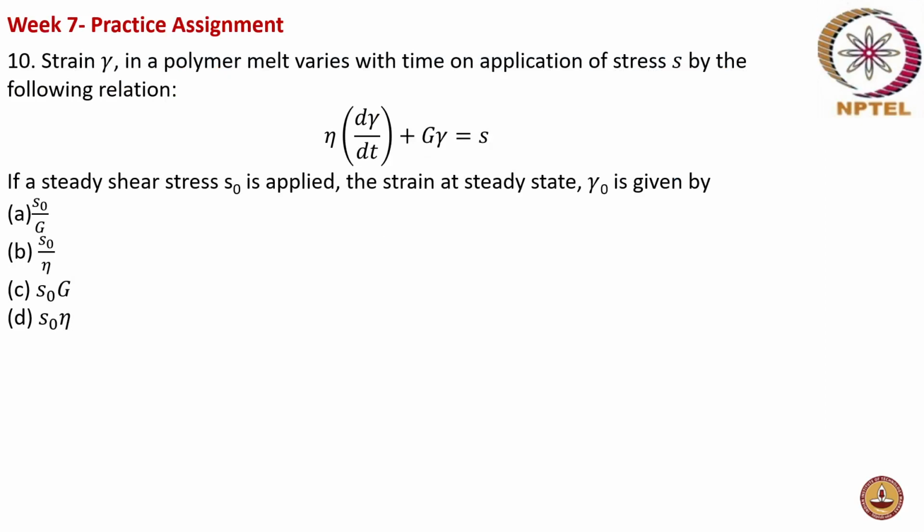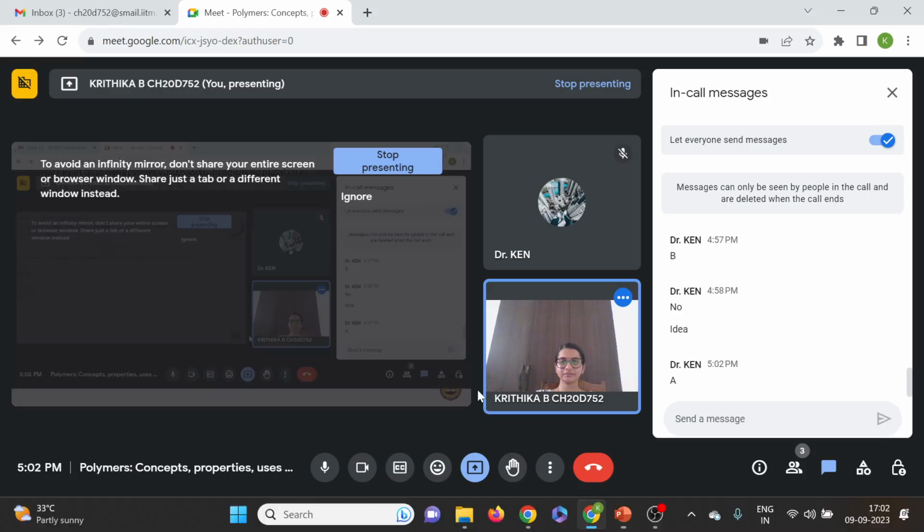You're saying it is S0 by G. How did you arrive at this? I'm not saying it is right or wrong, but how did you arrive at this answer?